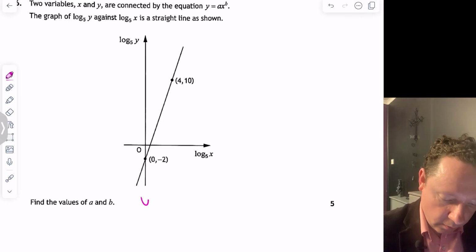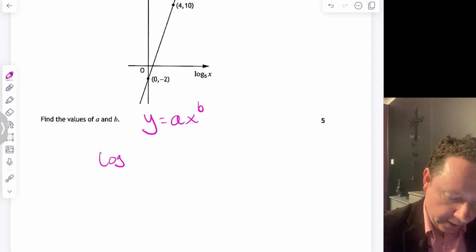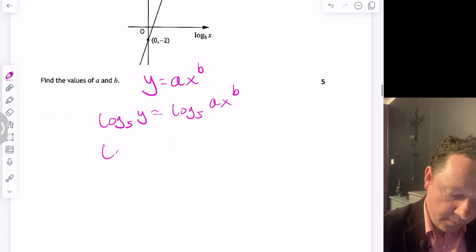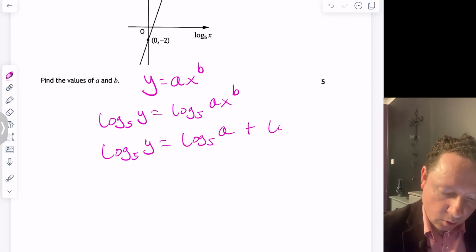Right, so I always usually start with the equation. Some people skip ahead, but I don't like to. So I'll start with that and I log both sides. The base is 5. Log base 5 of y equals log base 5 of ax to the b. So now I can separate my log out on the right hand side to log base 5 of a plus log base 5 of x to the b.